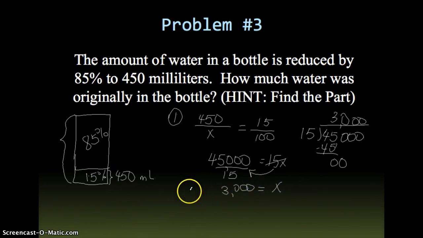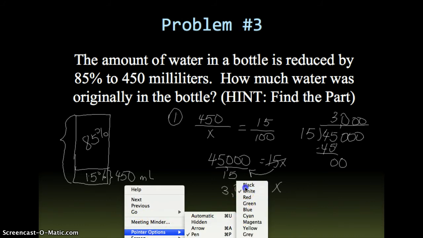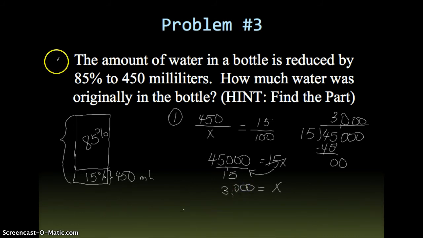The second way to do it is you can say that if 15% is 450, well, we can find what 1% is. I might have to change the color. Let's change the color. All right.